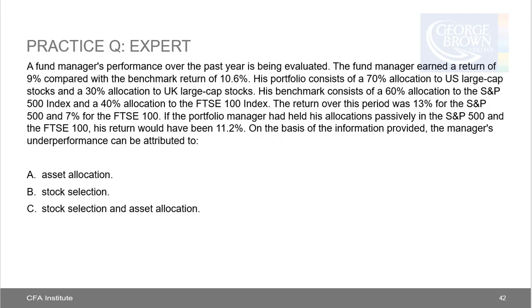The return over this period was 13% for the S&P 500, 7% for the FTSE 100. If the portfolio manager had held his allocations passively in the S&P 500 and the FTSE 100, his return would have been 11.2%. On the basis of the information provided, the manager's underperformance can be attributed to A, asset allocation, B, stock selection, or C, stock selection and asset allocation.